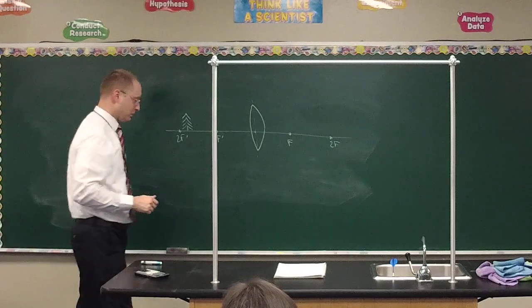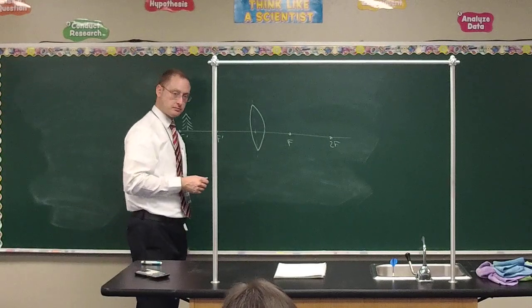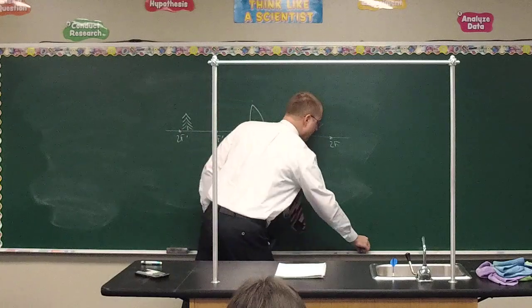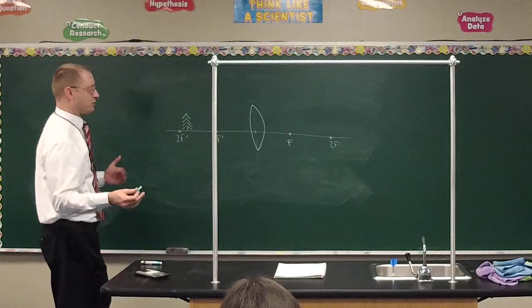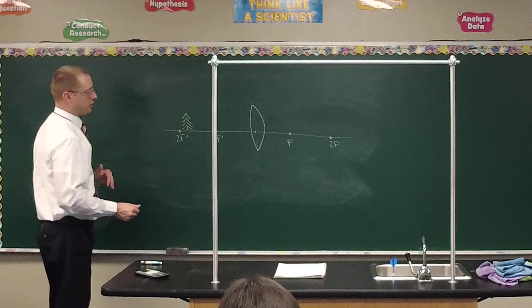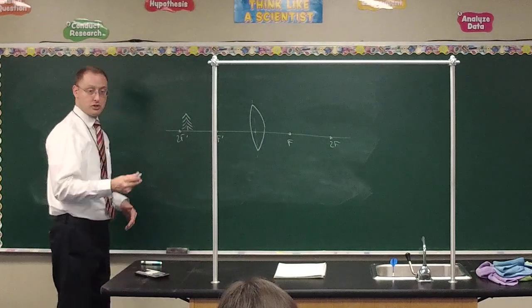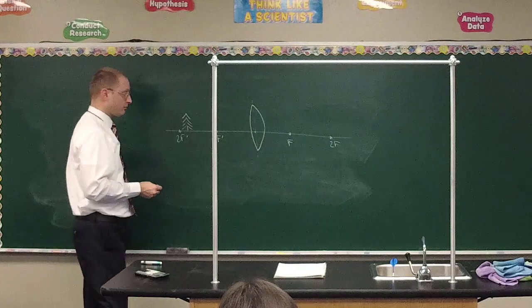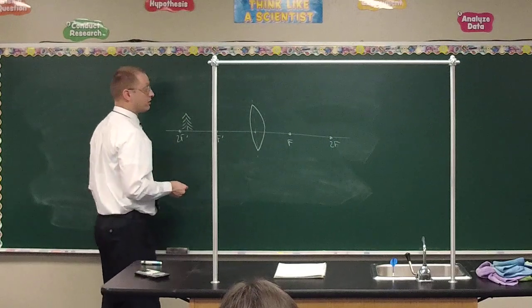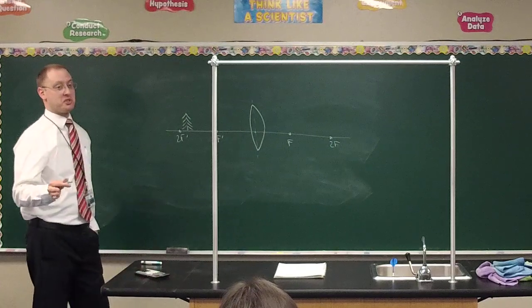One of those principal rays was the central ray. And the central ray, we're going to freehand these for sake of time. Of course, if we wanted to draw them really well, we'd use a straight edge and all of that. But the central ray passes through the center. For a mirror, it passes through the center of curvature.